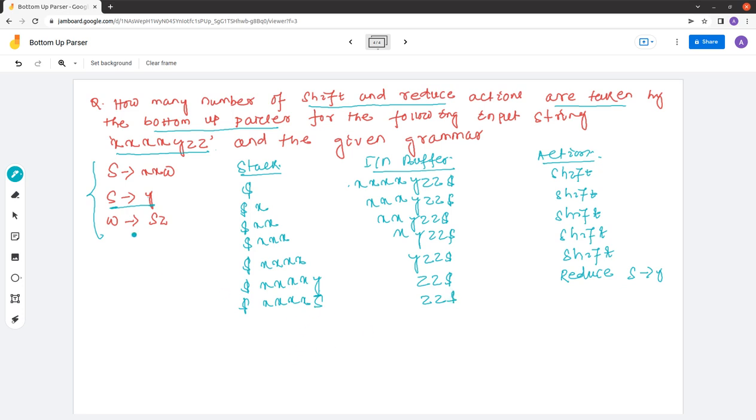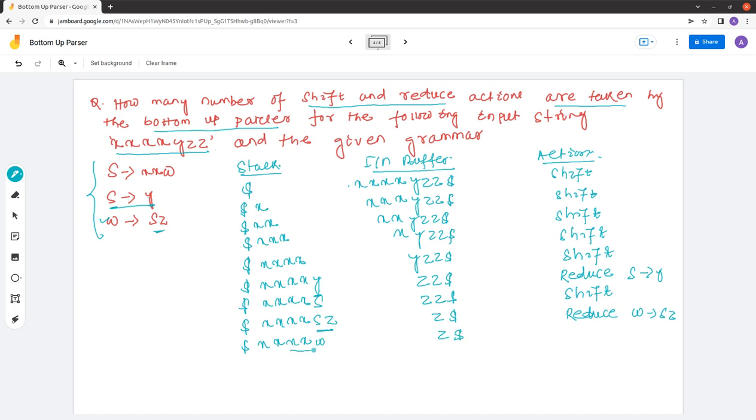We cannot handle this in the RHS part here, so now I'll shift: $xxxxSz, then z$. We can handle this S z here using the third production. So reduce W to Sz. So this is $xxxxW, then z$.